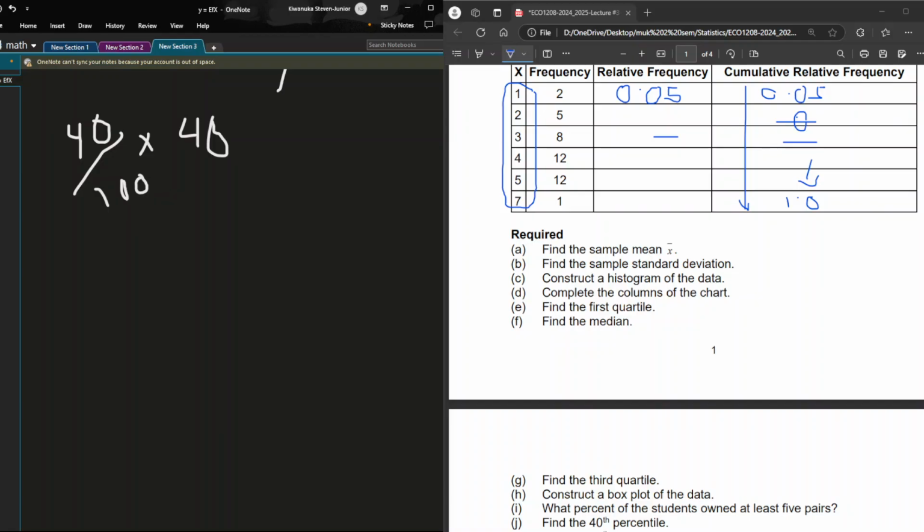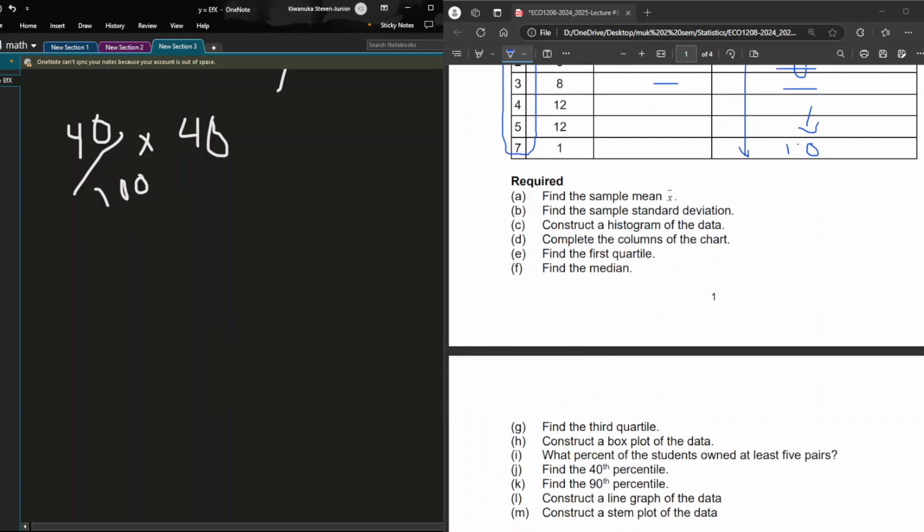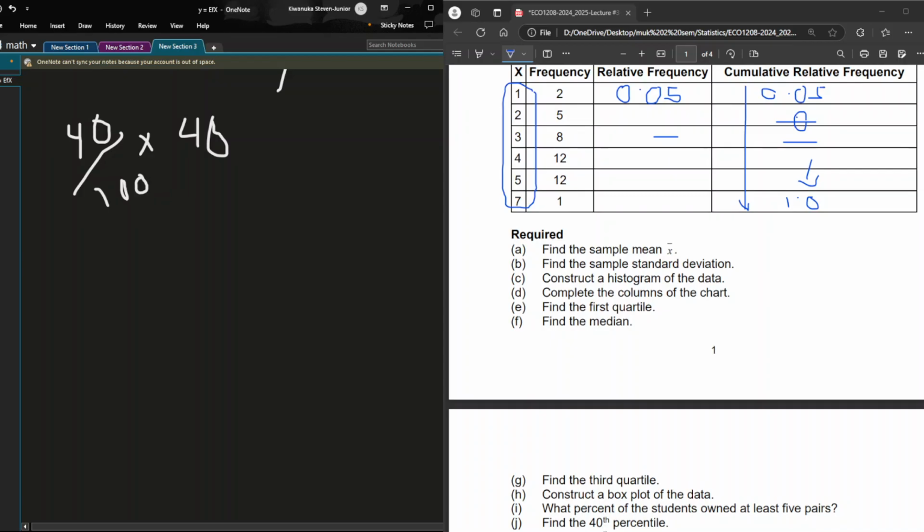We get 19.2. After getting that position, you come and find out where it falls in the data, and the 48th percentile corresponds to x equals 4, because we are interested in the x values.